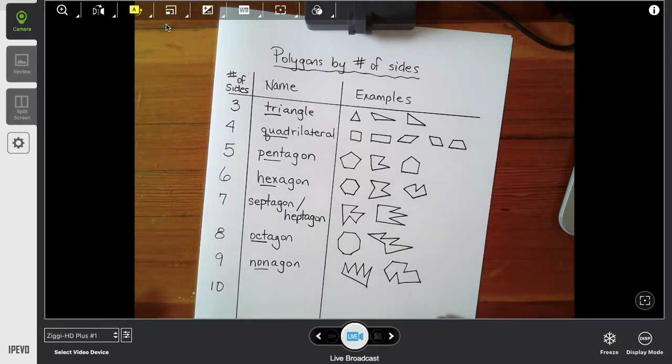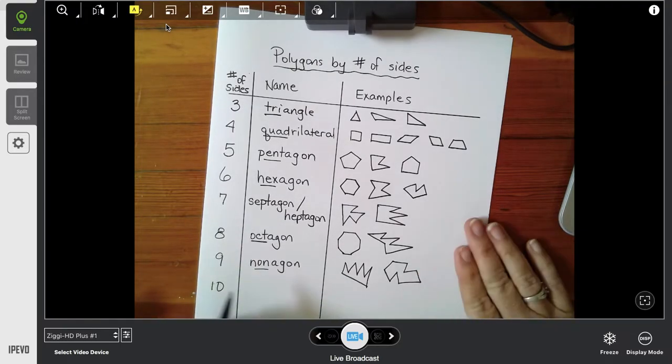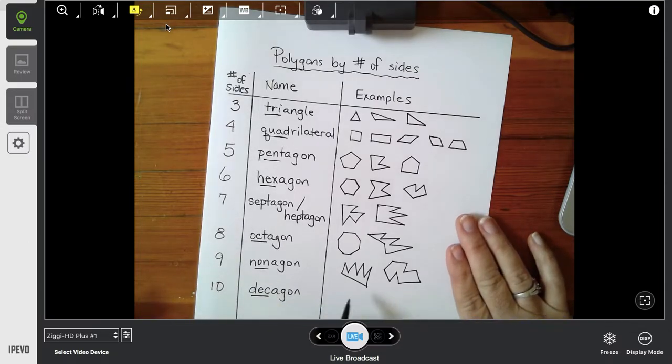And our 10-sided figure, similar to when we did our decimals, and a decade has 10 years, a decagon is a 10-sided figure, DEC. I'm going to try to draw a regular decagon. 1, 2, 3, 4, 5, 6, 7, 8, 9. I couldn't. That's a nonagon.